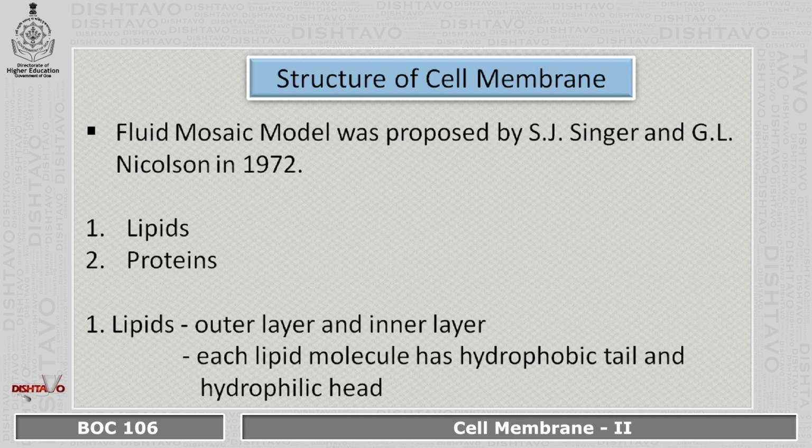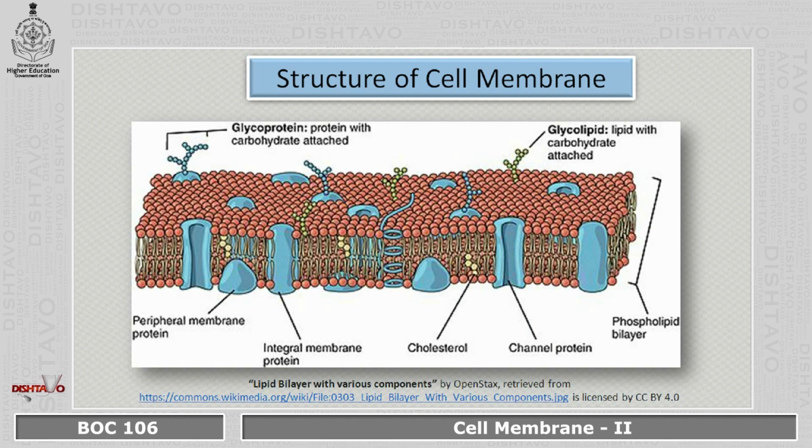The hydrophilic heads face outwards and the hydrophobic tails of the two layers face each other. This is the image of the fluid mosaic model. Now, the protein molecules are globular.